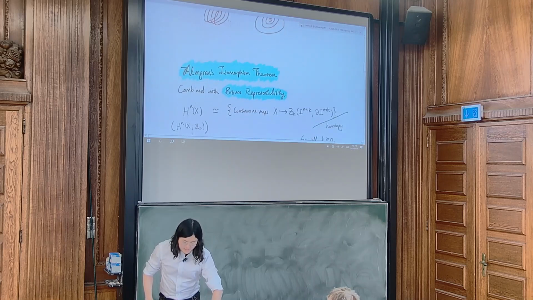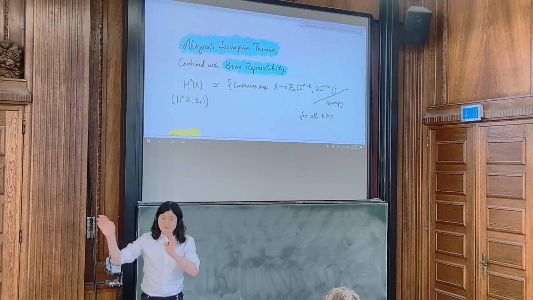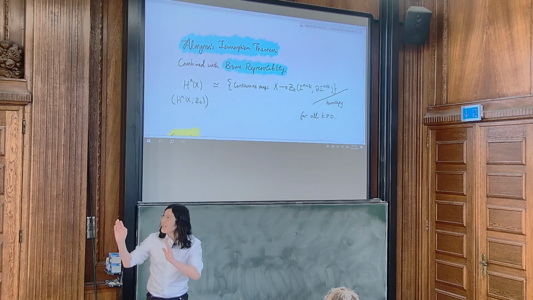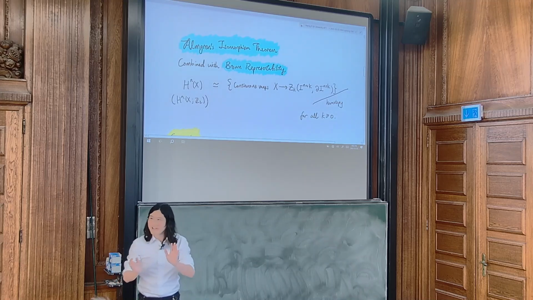The key to this talk is that as a combination of two very important theorems, which I will treat as black boxes, you can take the cohomology group of X, H^n of X, which I will always use with mod 2 coefficients, so I just won't write the coefficients.